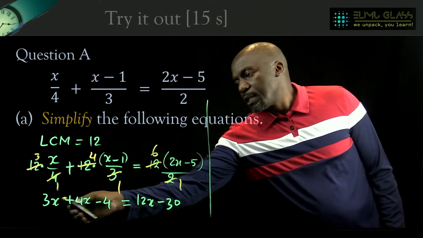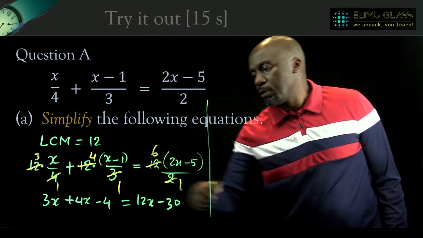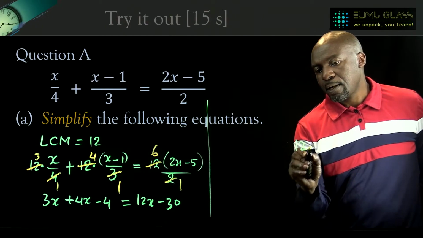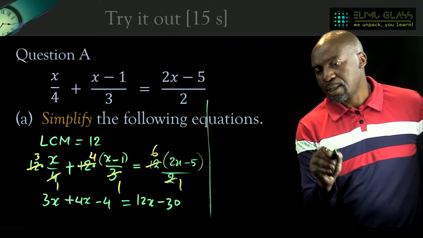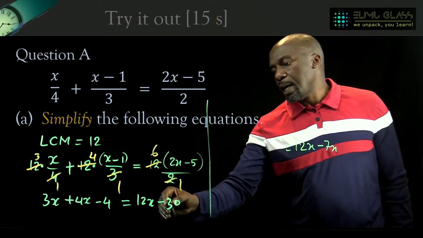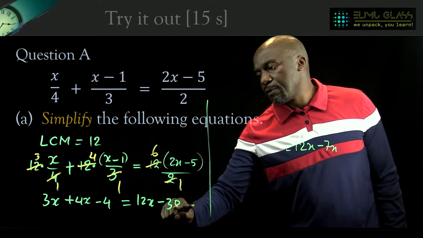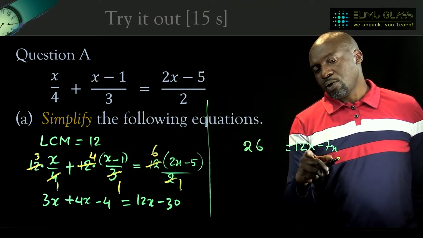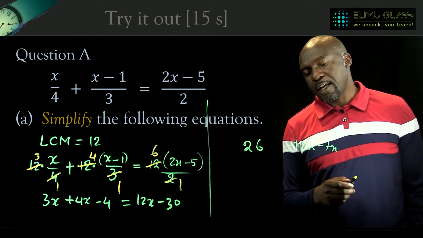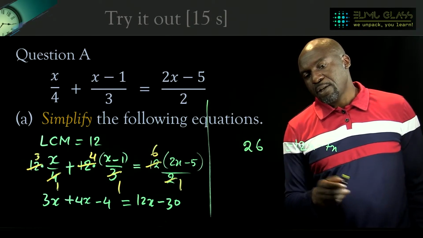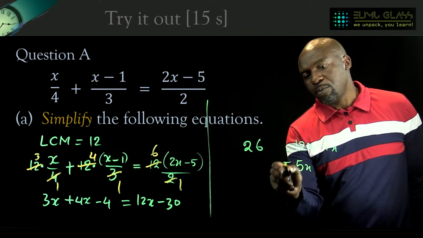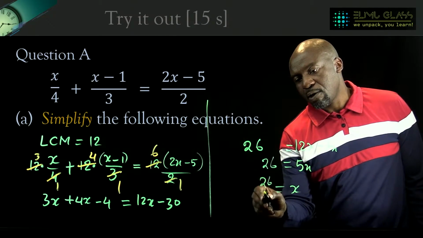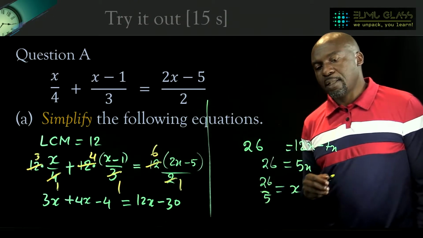I can bring the 7x to this side, so I'll have 12x minus 7x on the right hand side, and I can take this to the other side, and I'll have 30 minus 4, and this side will be 26. So 12x minus 7x will give me 5x. So 5x must be equal to 26.